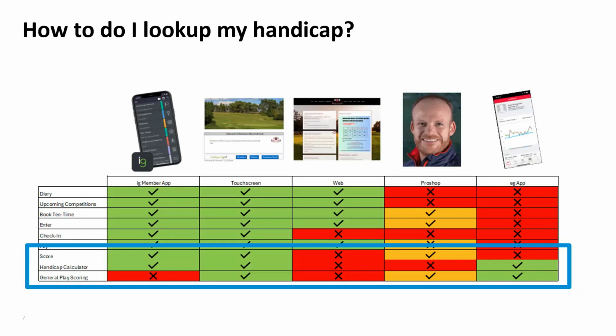Looking up your handicaps, you can do it through the app and through the touch screen. You cannot really do this via the web. You can do some of it on the MyEG app, and we'll look at that. The Pro Shop will help you, and if you get stuck, they really become the go-to people. But really what they're going to do is show you how to use the technology. They don't have any more tools to look this up.